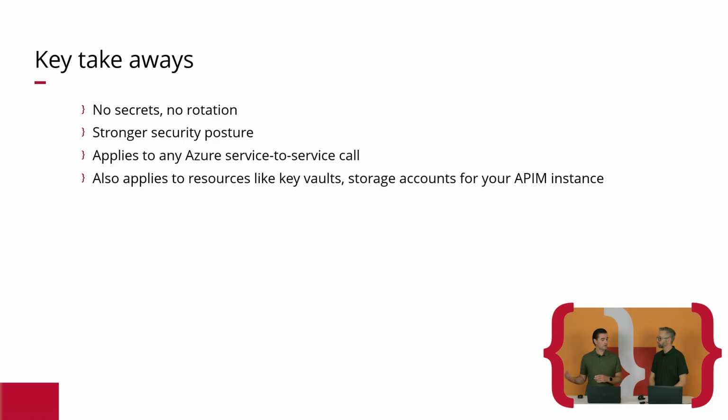Also, if you're connecting one API to the other or integrating Azure functions, you can use this way of working. And of course, it also applies to other Azure resources like key vaults, storage accounts, databases that you need to connect from your API management service. You can use that managed identity in a lot of places. Cool, nice.